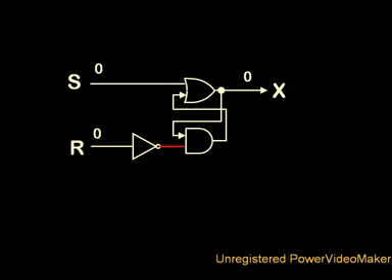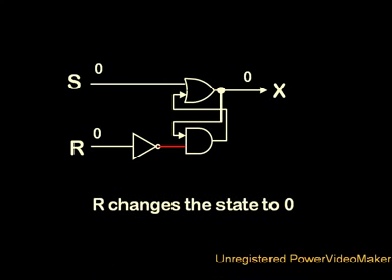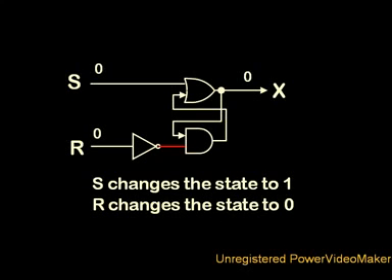Again, changing R to a 0 doesn't do anything else. So R, set to 1, seems to force the circuit into a state of 0. S forces it to the state of 1.